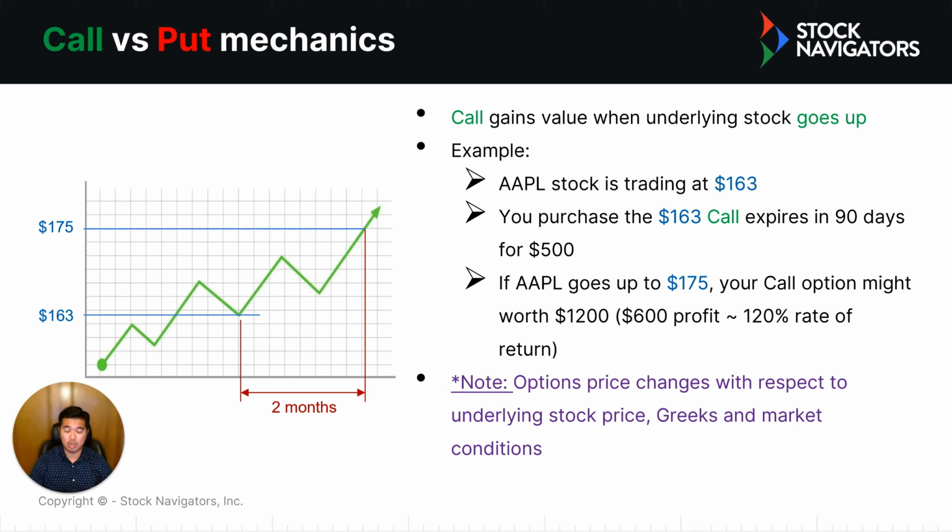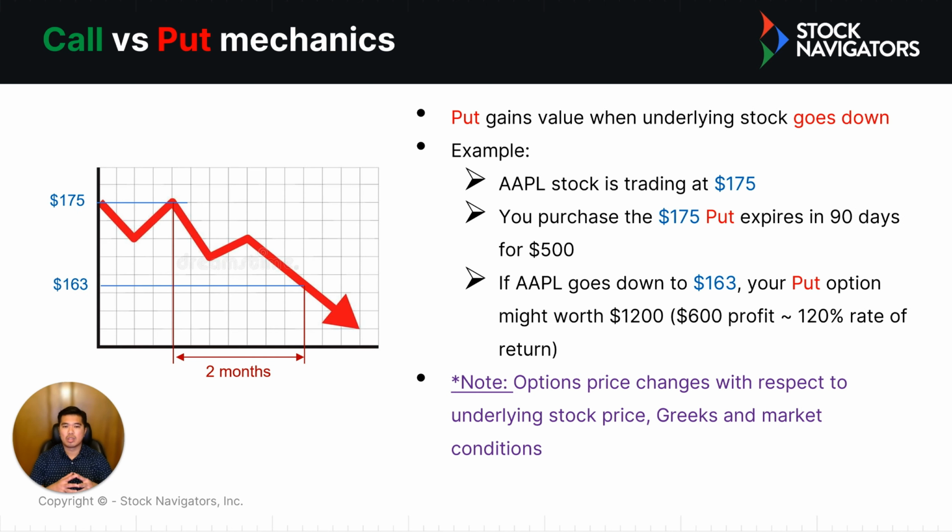You paid $500 out of pocket to purchase this option, and now it's worth $1,200. So you made $700 in profit, or 120% rate of return. Also, note that option price will change with respect to the underlying stock price, the Greeks, or the market condition, meaning if there is more volatility coming into the market, that will also affect the price of your option.